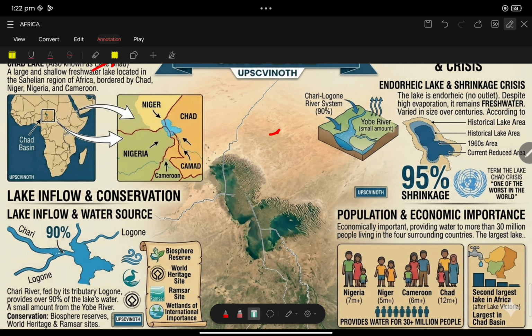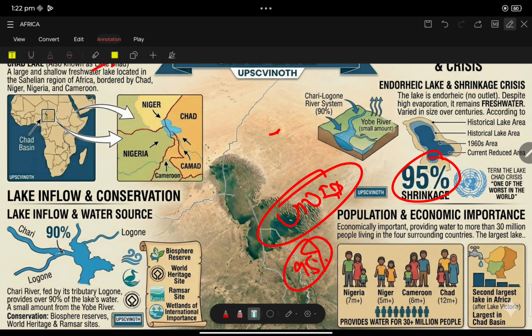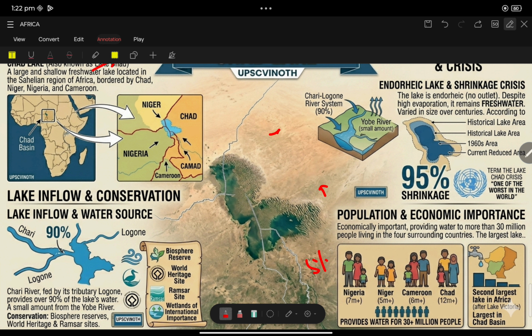According to the United Nations Environment Programme, the lake has shrunk by up to 95 percent. Historically, the lake has shrunk up to 95 percent. This is the total area, and it keeps on shrinking.